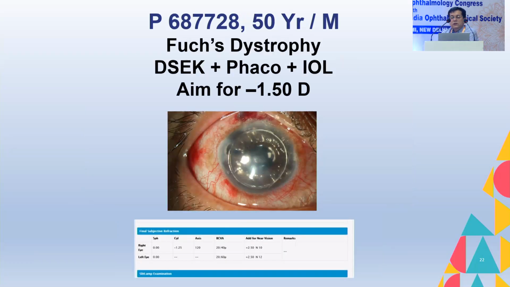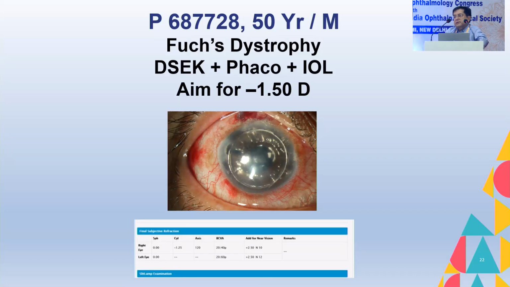If you are doing DSEK, then the situation is actually a little reverse, because either you will do a combined surgery, or in my scenario I would prefer to do a cataract surgery first and then do a DSEK. Here the calculation is very simple.